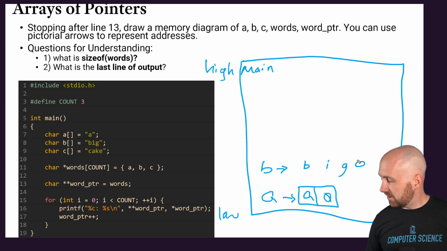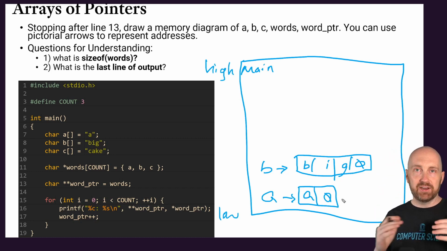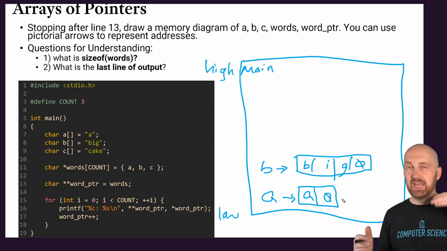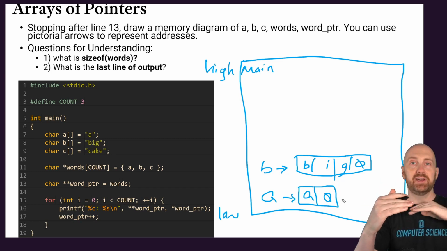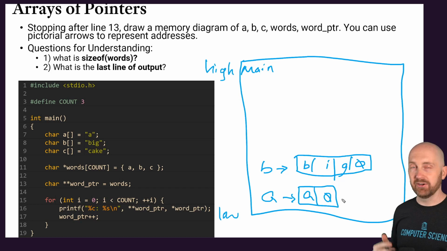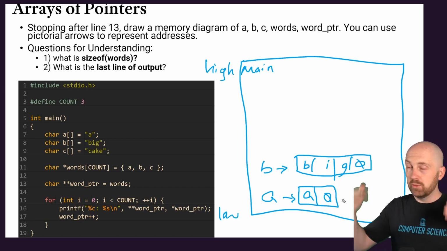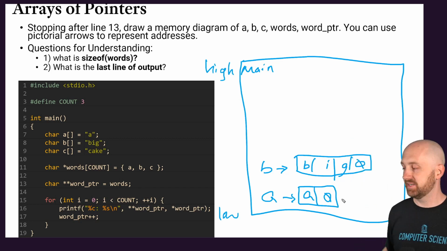And I'm not going to draw single quotes around these values, although typically you would think of them as characters that are ASCII values. So BIG are the next 4 values, and so A would be followed by the null terminating character, followed by B, followed by I, G, and the null terminating character. And these would be addresses that are increasing as we move up main's frame on the stack.